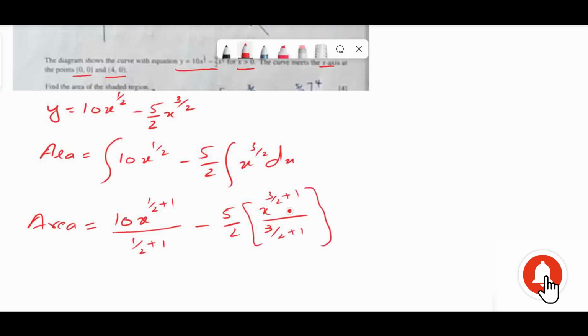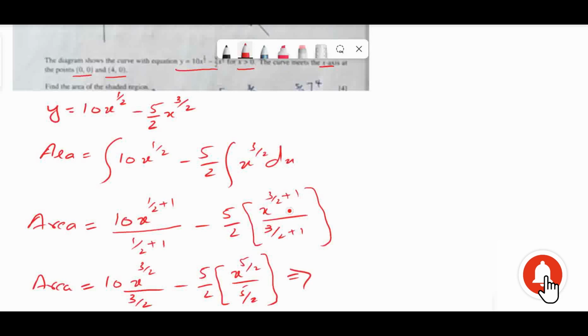Now we can write the area as 10x^(3/2) divided by 3/2 minus 5/2 into x^(5/2) divided by 5/2.